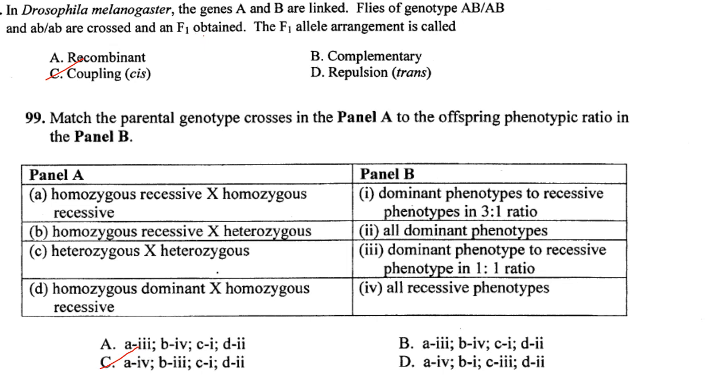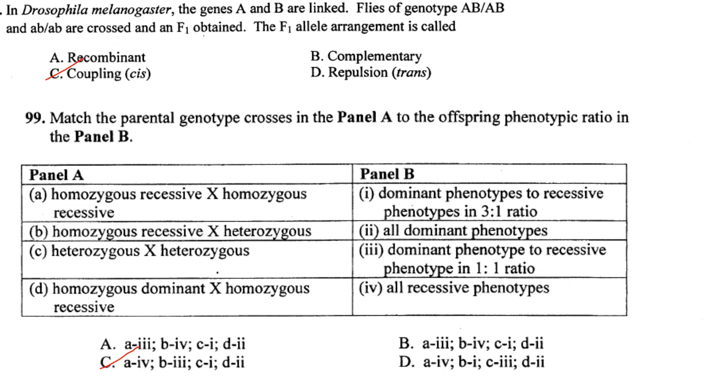So, if dominant alleles of two or more genes are present in one chromosome and their recessive alleles in its homologue, then this is called coupling. Here capital A, capital B and small a, small b are present in different chromosomes, and when they come together after crossing, you get the F1 in the cis arrangement.